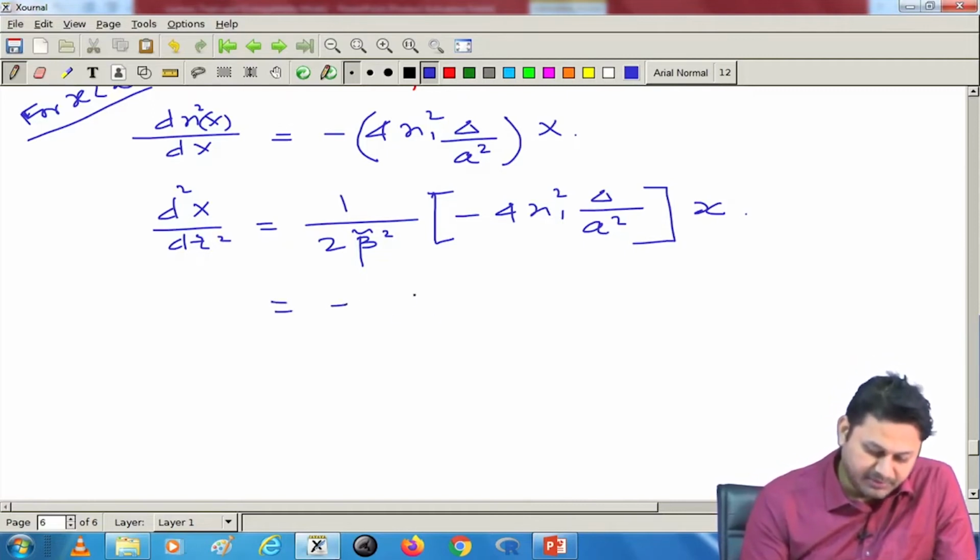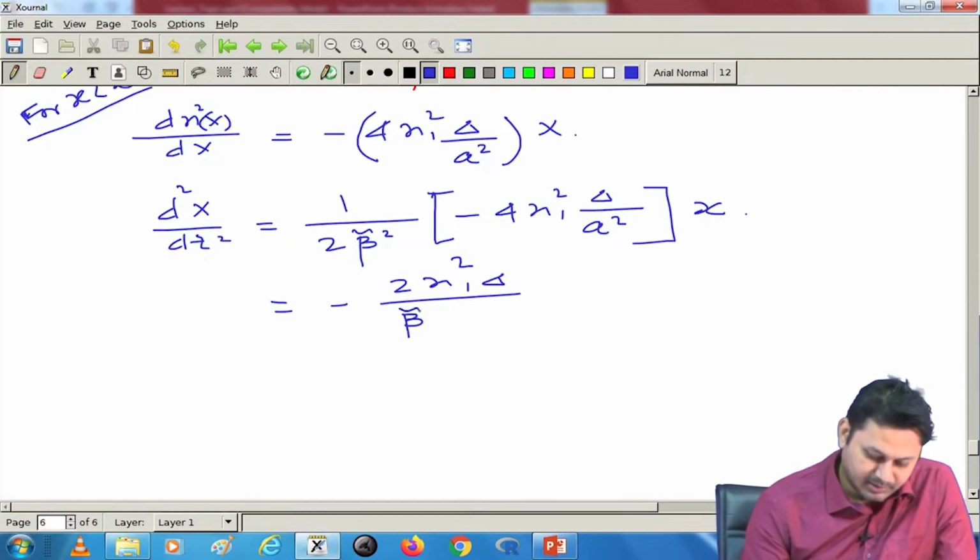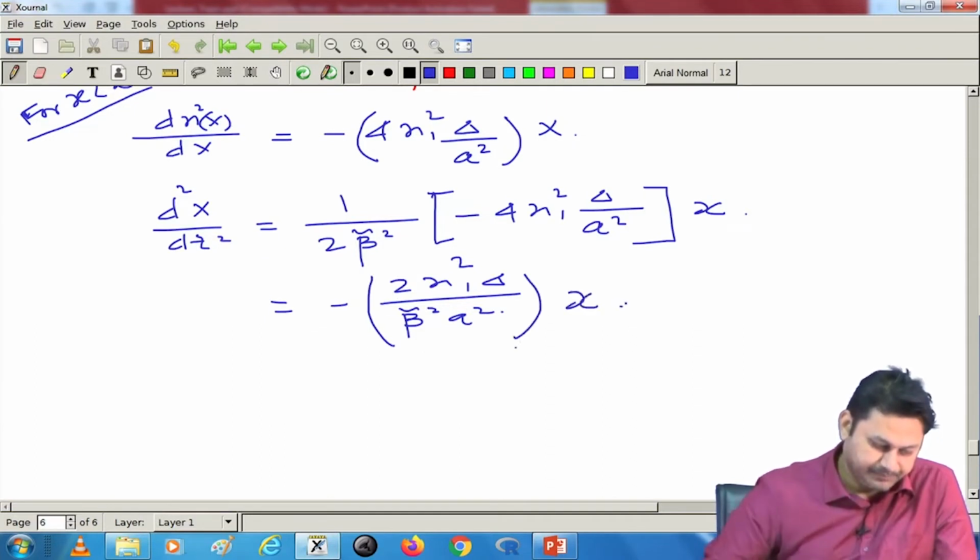So, let me simplify this. This is minus of 2 of n1 square delta divided by beta tilde square a square. This entire term is a constant term multiplied by x.